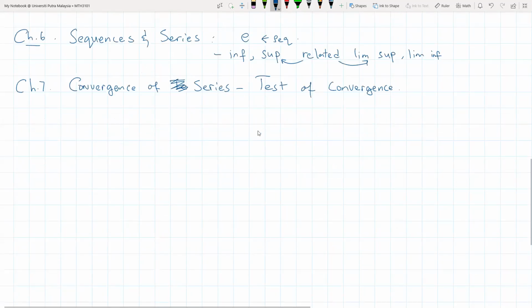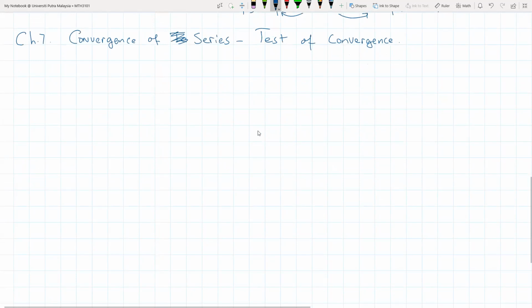Okay, let's do some examples. I want to start from chapter 7, and then we can go slowly to chapter 6 and so on if we have time.